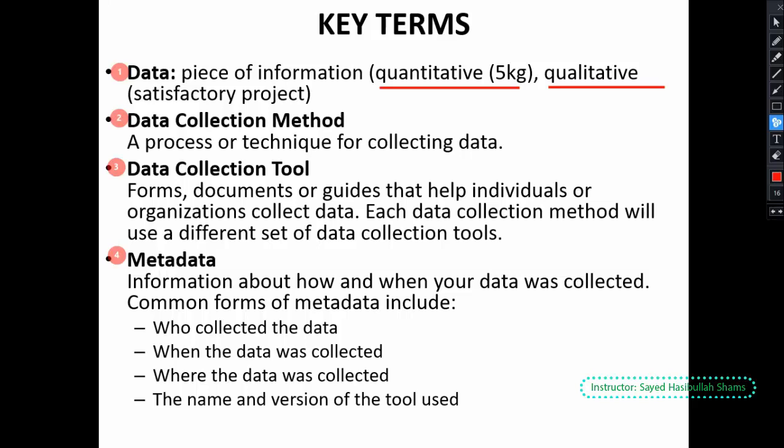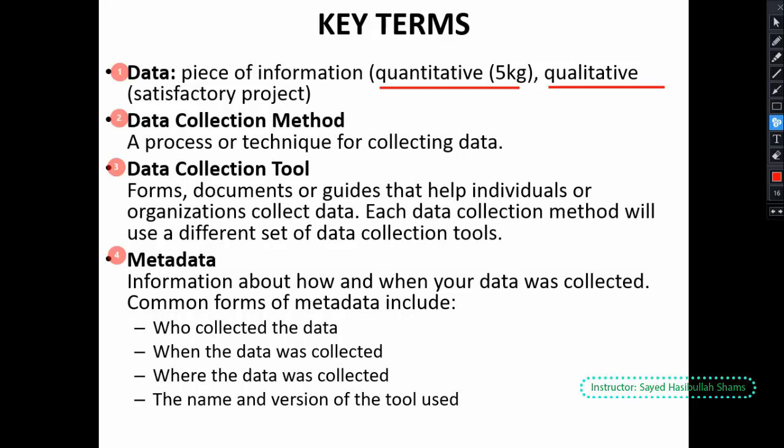During the design of every tool, we will have metadata. For example, in the metadata, we can record who collected the data, for example, John, Ahmad, Mahmoud. For every record we will have who collected the data.